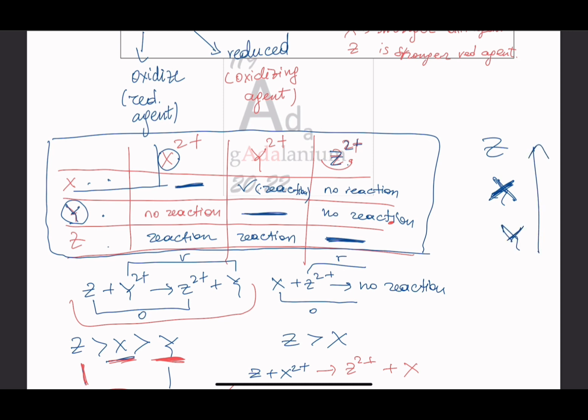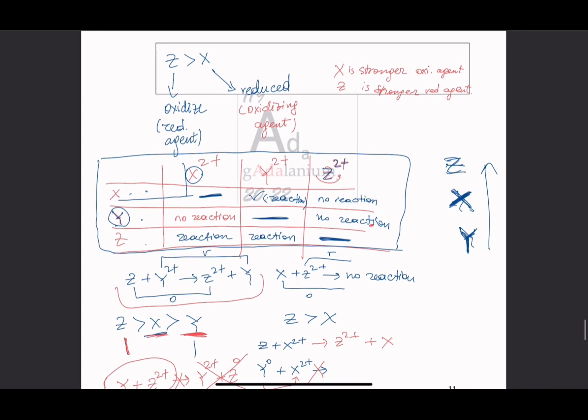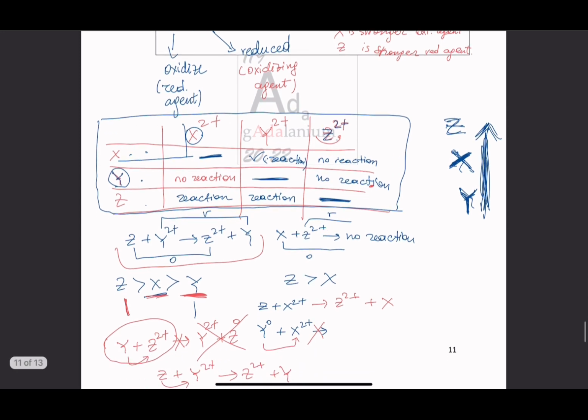Okay, this is Y, X in the middle, and then Z up here. This is your own activity series. As you go up, it's more active. Sorry for the drawing, anyways, you got the idea.